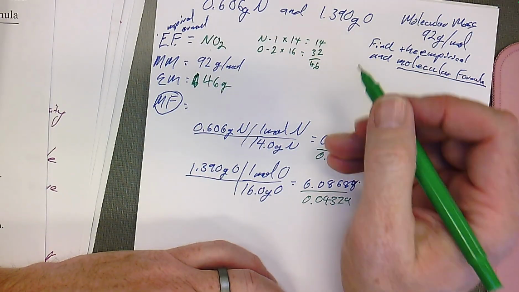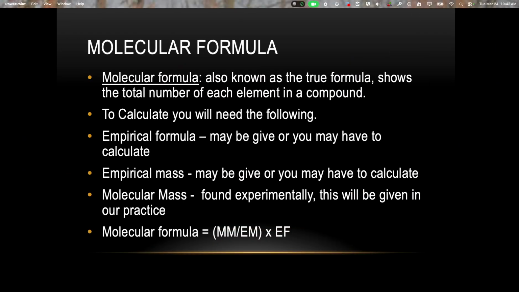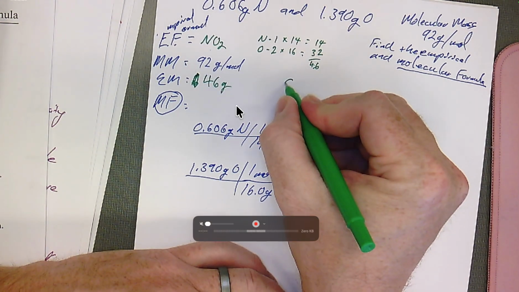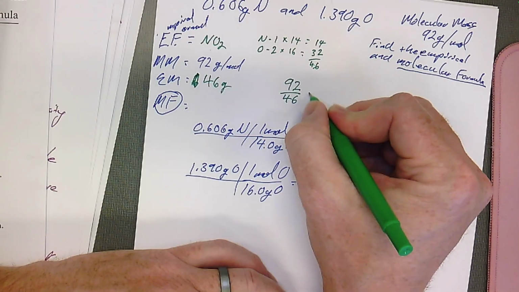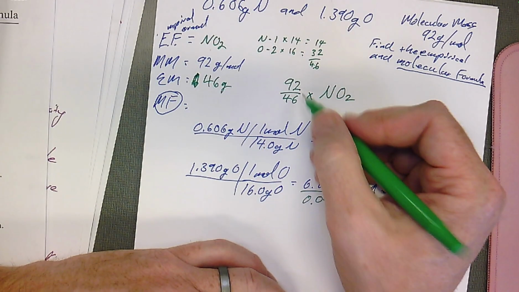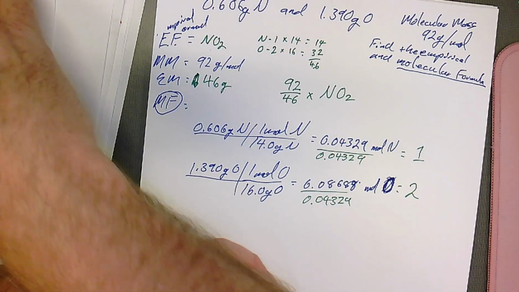So then we use our equation. What equation? This bottom one, MM divided by EM times EF. So what does that mean? 92 divided by 46 times NO2. What's 92 divided by 46 going to be? 2.